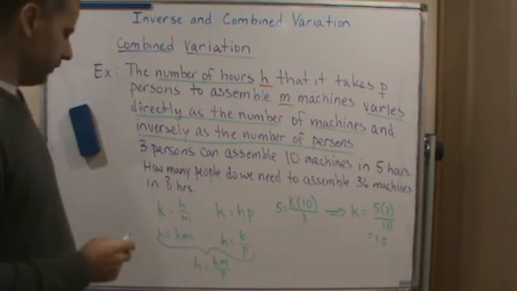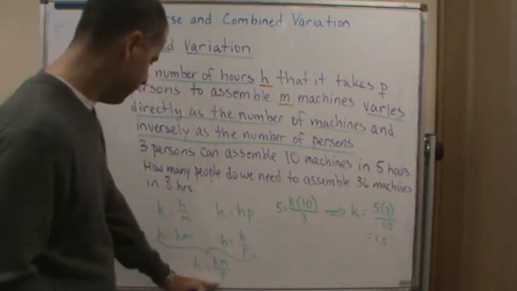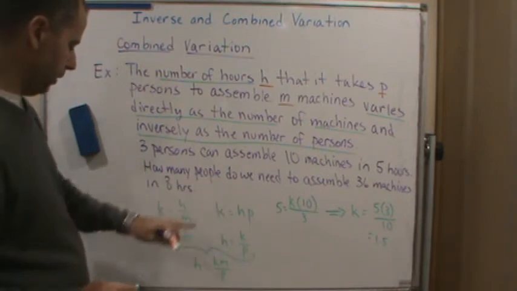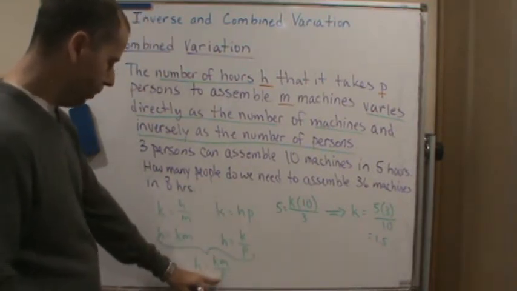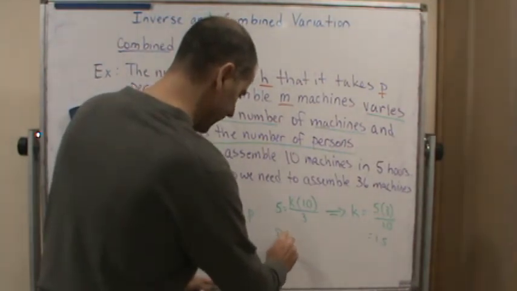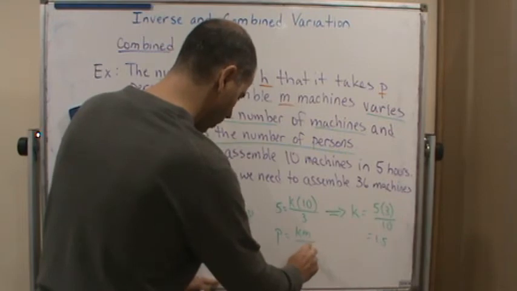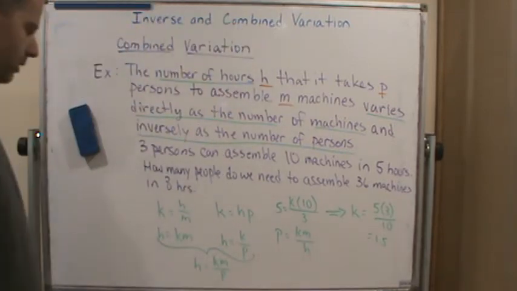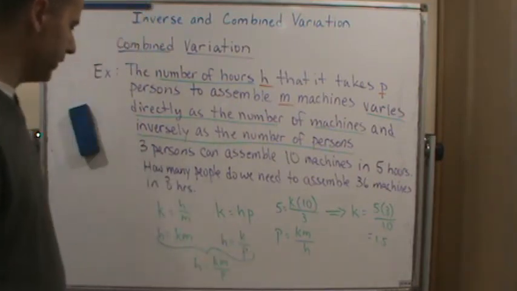Okay, so now the formula is this, and I need to know how many people. So let's solve this formula for P. If I solve the formula for P, I get P equals KM over H. All I did was rearrange the formula to isolate P. So now I'm just plugging in everything I know.